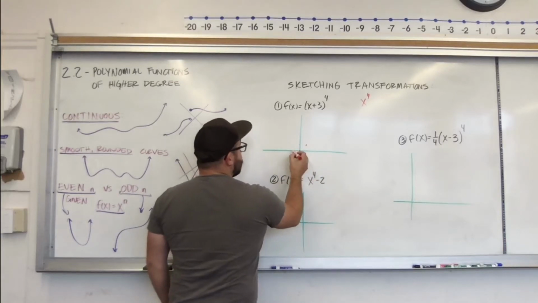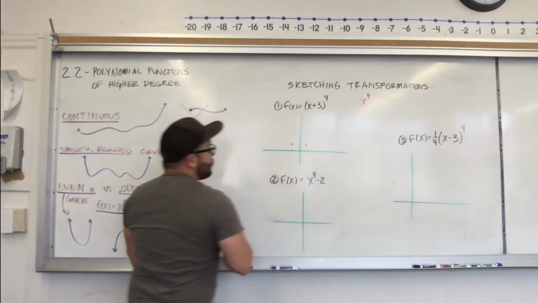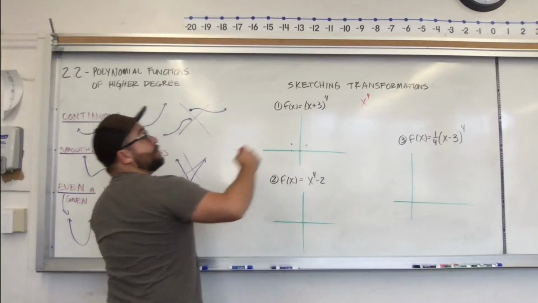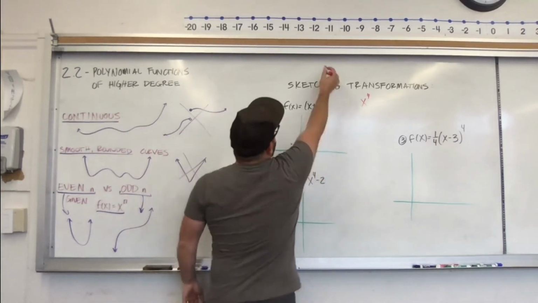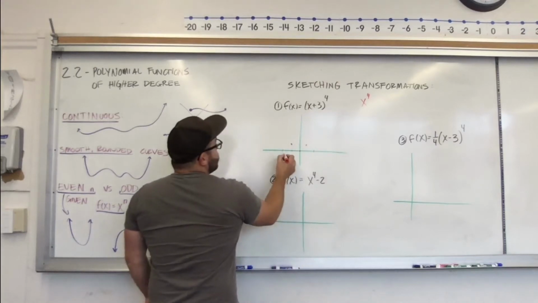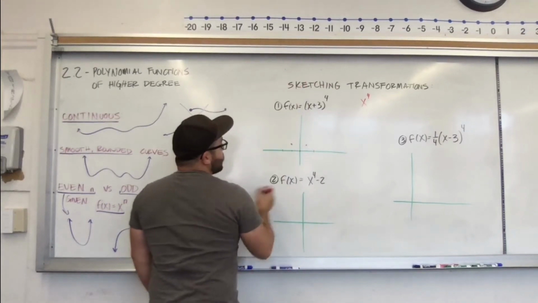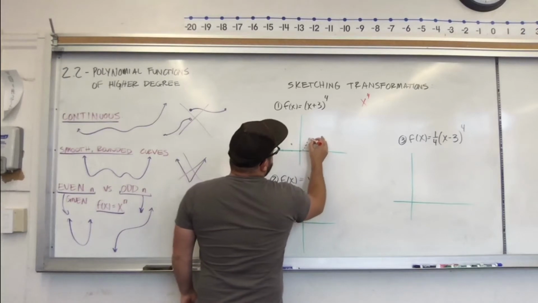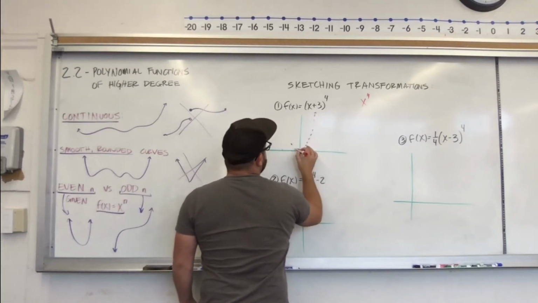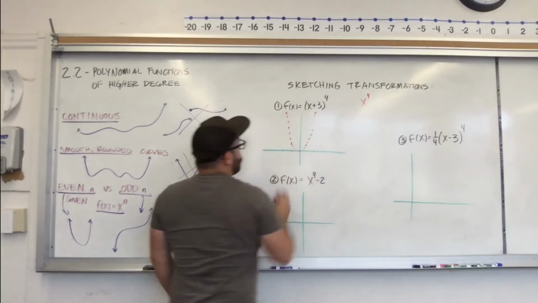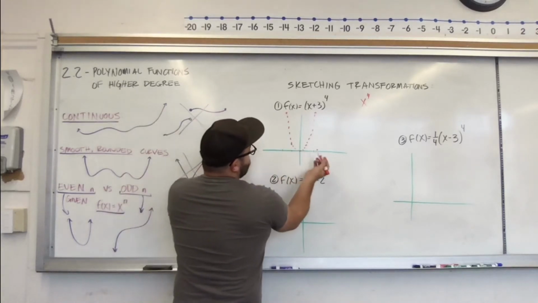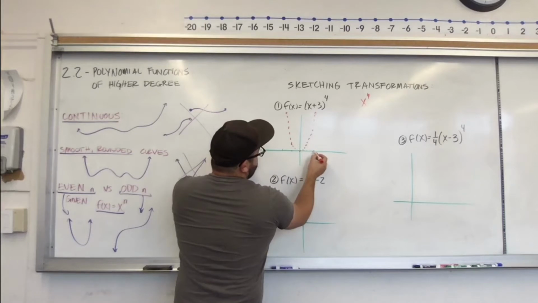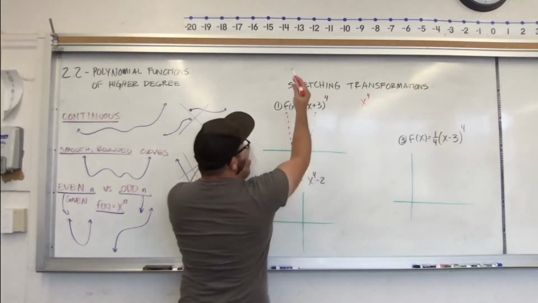Plug in negative 1, negative 1 to the 4th is 1. If you plugged in 2, 2 to the 4th gives you 16, so it's already shooting all the way up. And same with negative 2, shooting all the way up. So that real basic x to the 4th looks almost like a skinnier parabola, right? Because if it was quadratic, we would go over 2 and up 4, but this is going to go over 2 and up 16.